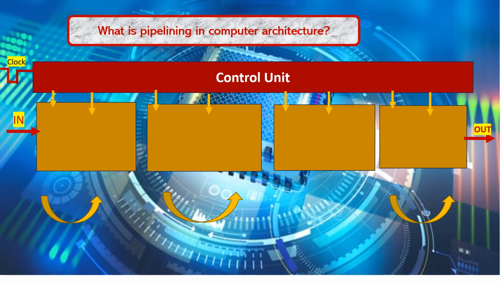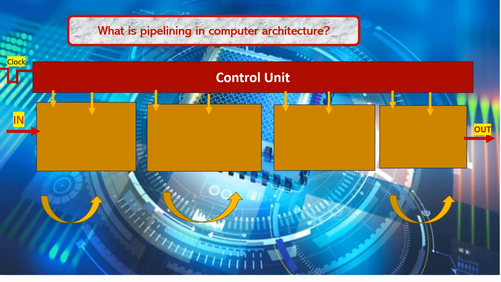So pipelining improves the throughput of the complete instruction, and it improves the timing and efficiency of the complete process. Before moving further, let's see its cycle.